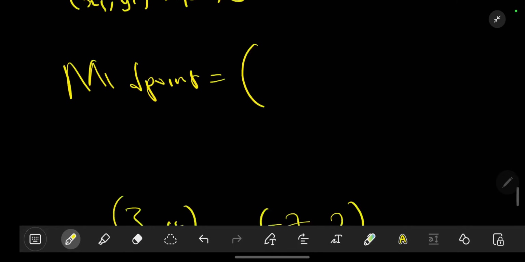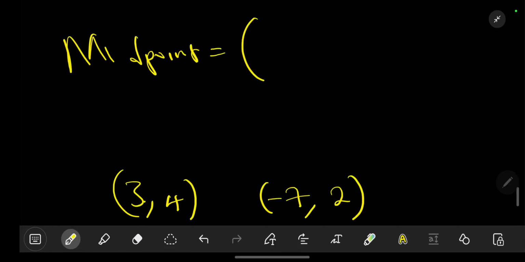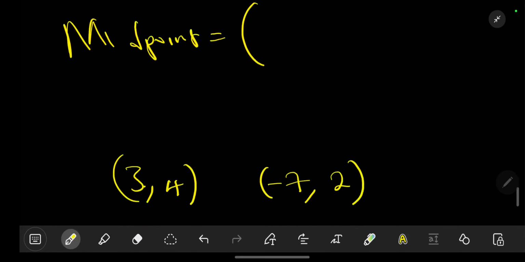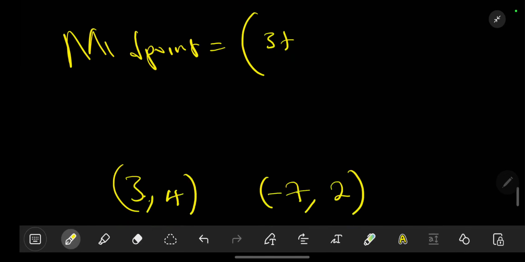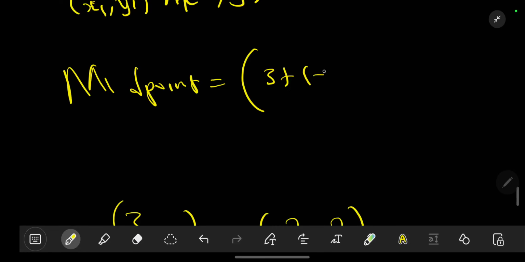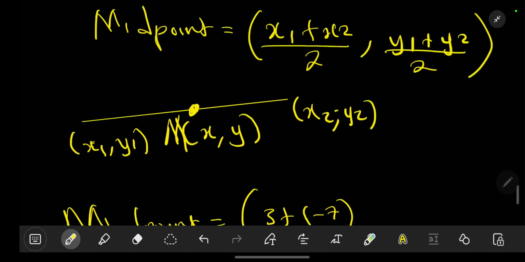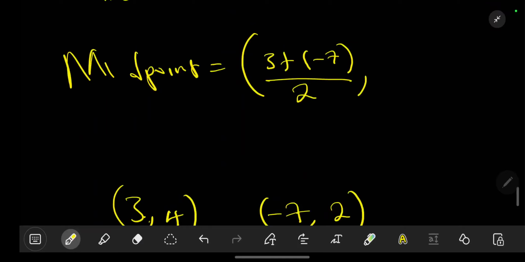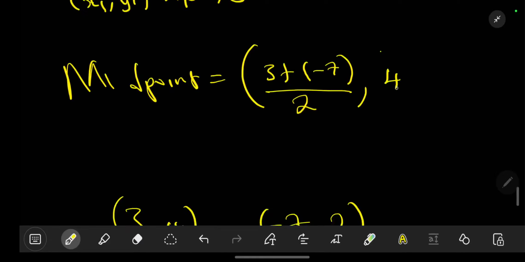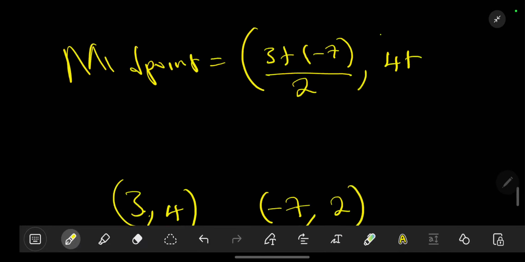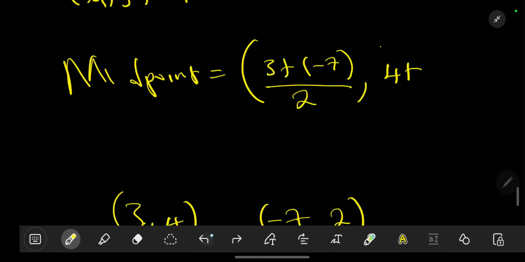So x1 will be 3, so we say 3 plus our x2, which is negative 7, over 2, comma, the y1 plus y2, so y1 is 4, so we say 4 plus y2, which is 2, then divided by 2.